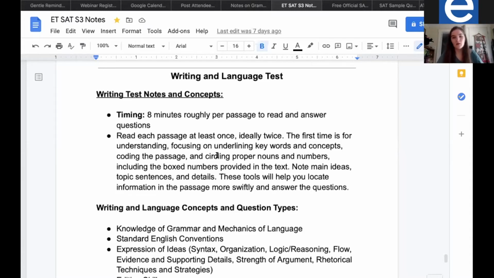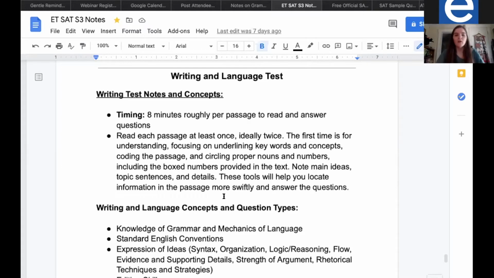So it has to do, in essence, with the communication of ideas and thoughts to other people. We're going to get a little bit of a big picture of the writing and language test to start off with today, and then we're going to go into more of a technical review. And then we're going to look at some practical examples from your homework and any of the other passages that we have time for.